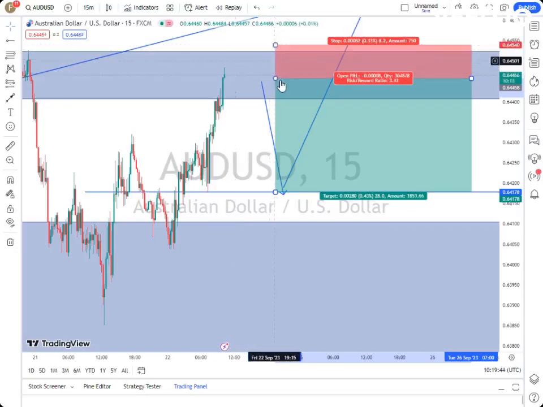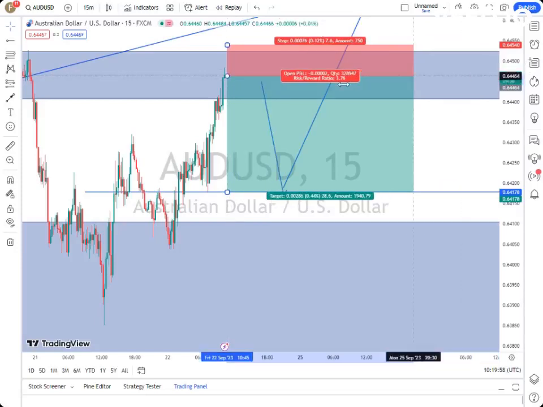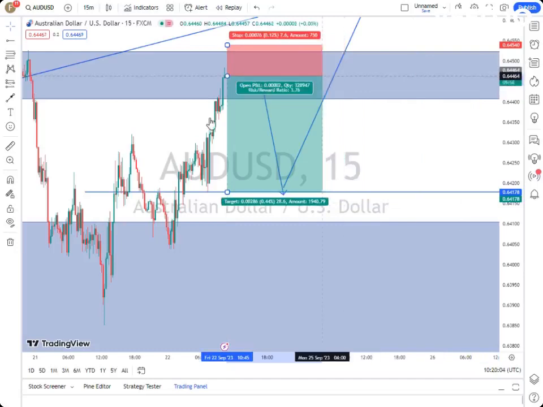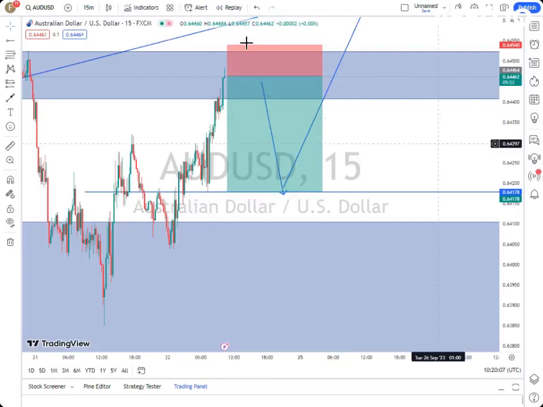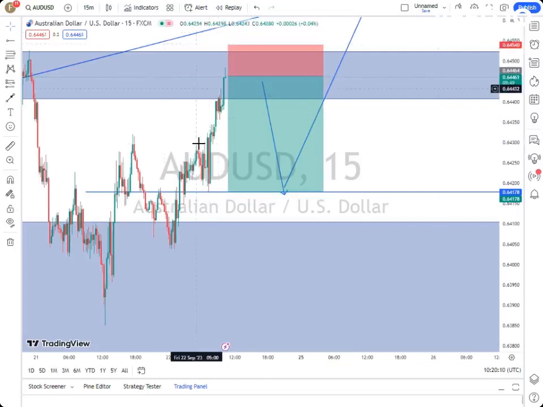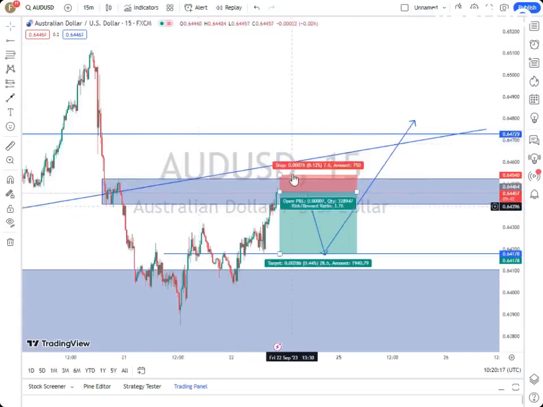Let's say you enter the trade at this point here for a sell. You can't enter the trade at that down candle. If you take a trade at this point, increase your stop loss to above, because price might form a fake out pattern.